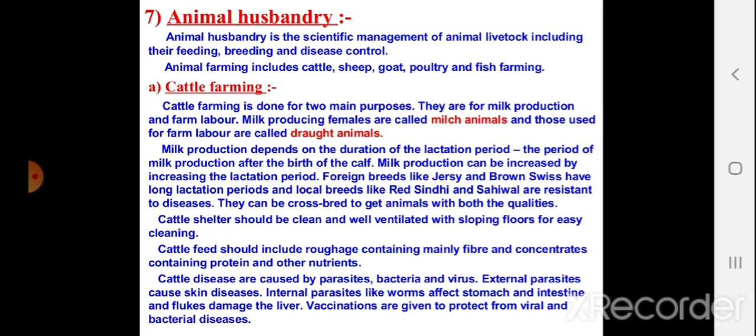Like you can take a Jersey cow and you can take a Red Sindhi cow, and you can try for the hybrid of it. And if you prepare a hybrid of it, you can get both qualities of milk all together. Now cattle shelters should be clean and well ventilated with sloping floors for easy cleaning.